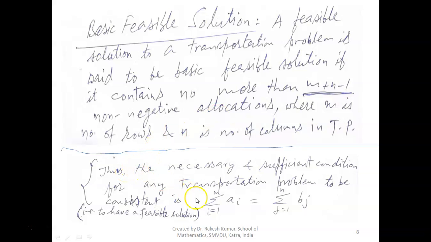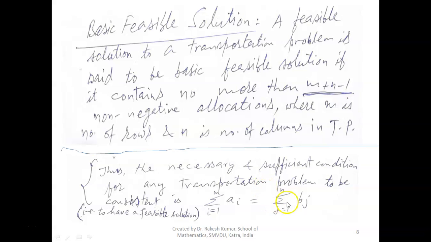Again, the necessary and sufficient condition for a transportation problem to be consistent, that is, to have a feasible solution, is summation over ai is equal to summation over bj, that is total supply should be equal to total demand. It is a necessary and sufficient condition for any transportation problem.